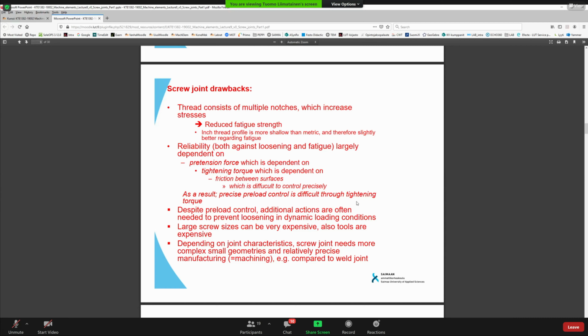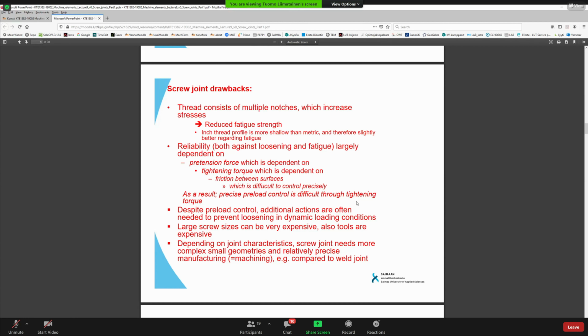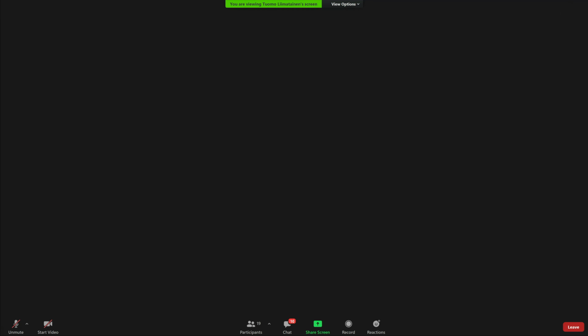And the tightening torque is then dependent on the friction between the surfaces. And these frictions between the surfaces in the thread and between the bolt head and the material are quite difficult to control precisely. Therefore, the key factor that we would need for a reliable bolt joint is quite difficult to control.